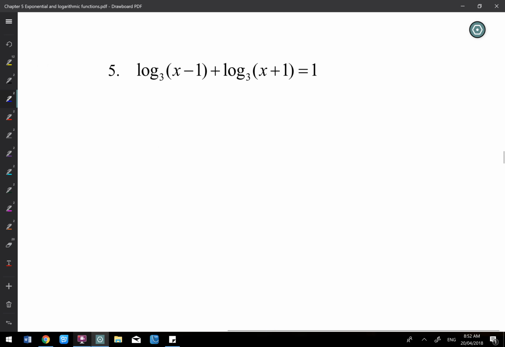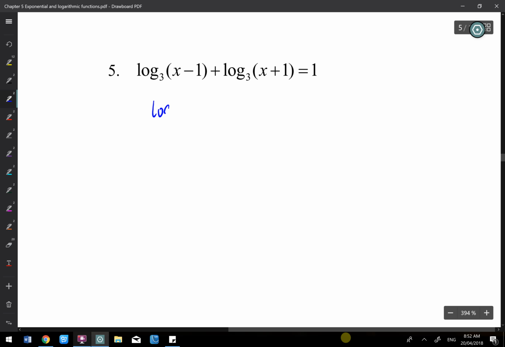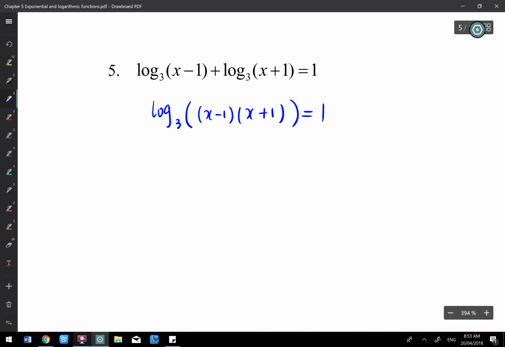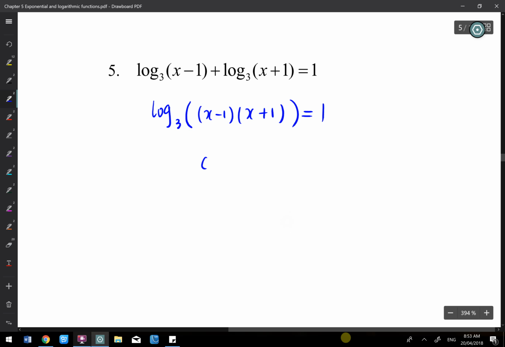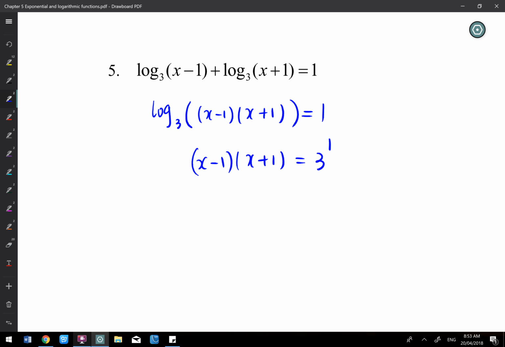Okay, if you look at the next one. Log 3 of (x minus 1) plus log 3 of (x plus 1) equals 1. So what I will do is combine that into one log first. When you add two logs, it is the same as you times the inside. So (x minus 1)(x plus 1) equals 3 to the power of 1.